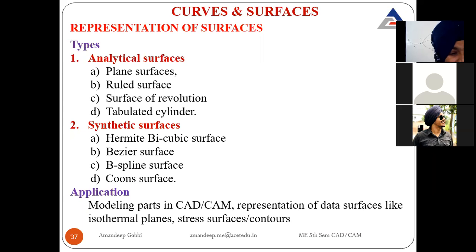Synthetic surfaces: if you use a Hermite curve and then expand it to form a surface, it will be a Hermite bicubic surface. If you use a Bezier curve and extend it to form a surface, it is called a Bezier surface. Similarly, there is the B-spline surface. Cone surfaces are also there, but that is not in your syllabus.